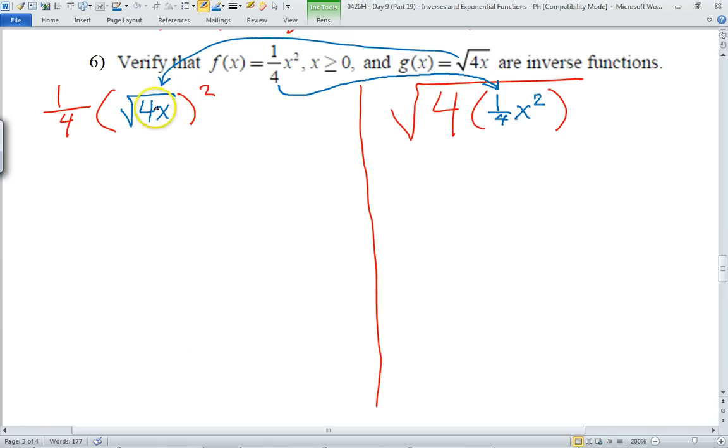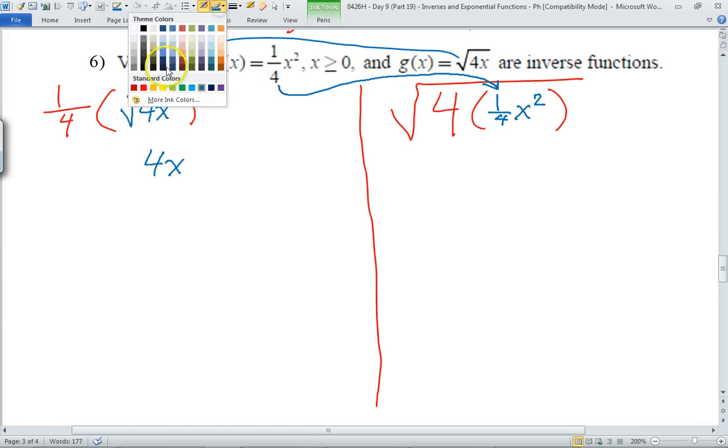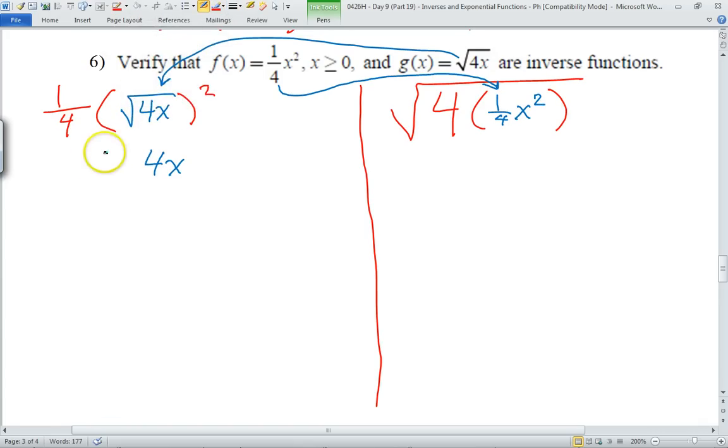First, I'm going to square this. And if you square a radical, they cancel out and the radical goes away. So I'm going to still have the 4x, but the radical and the 2 will cancel each other out, so that's gone. Now I just go ahead and bring down the 1/4 part.